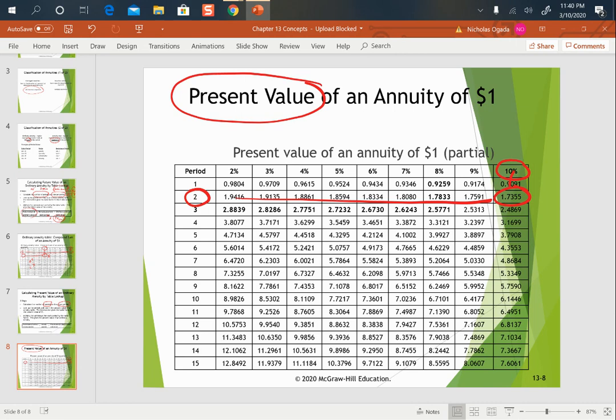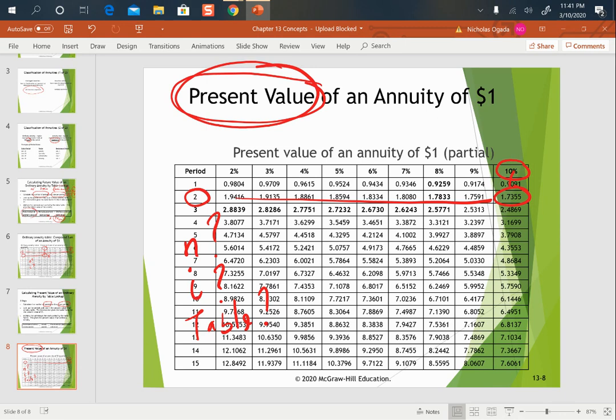So the key idea in solving most of the annuity problems, if you're using the tables, is to make sure you're using the correct number of periods, the correct rate per period, and also to make sure you are in the correct table, because remember we have the present value of an ordinary annuity.